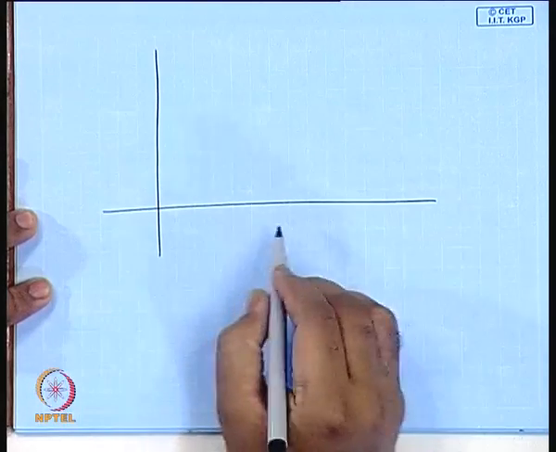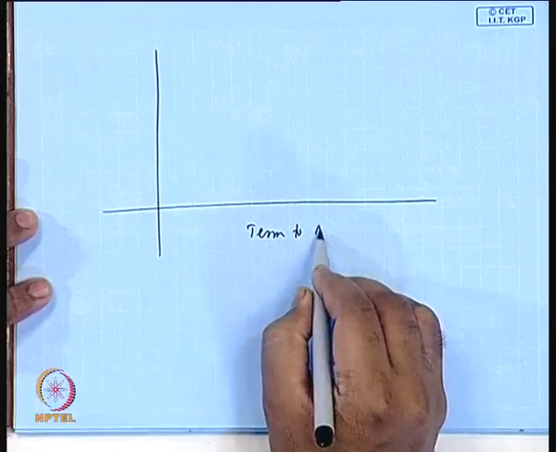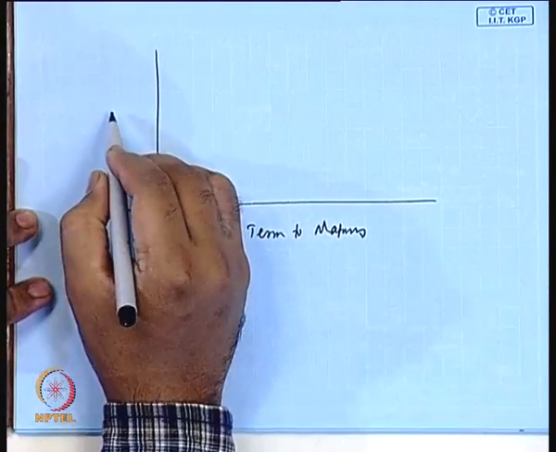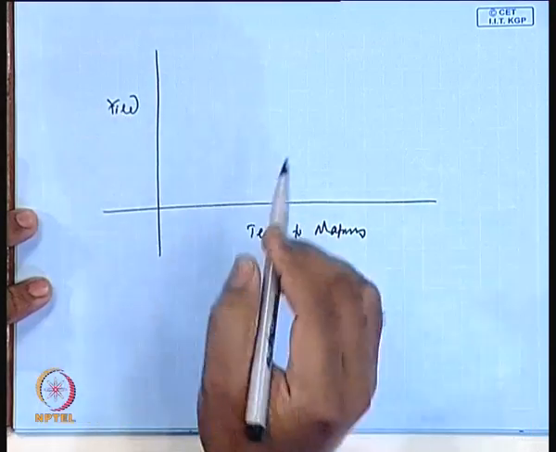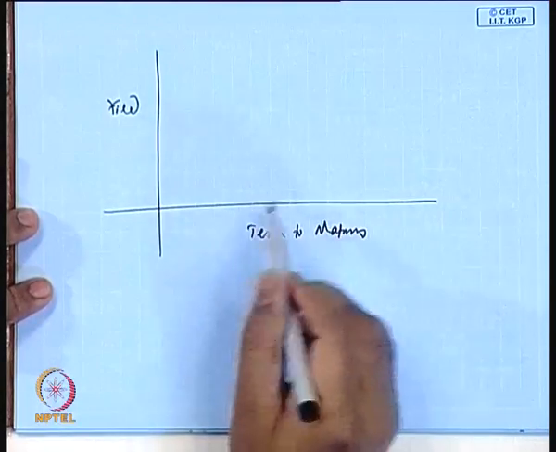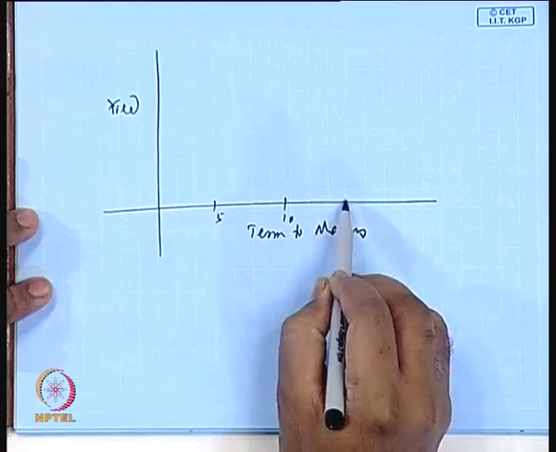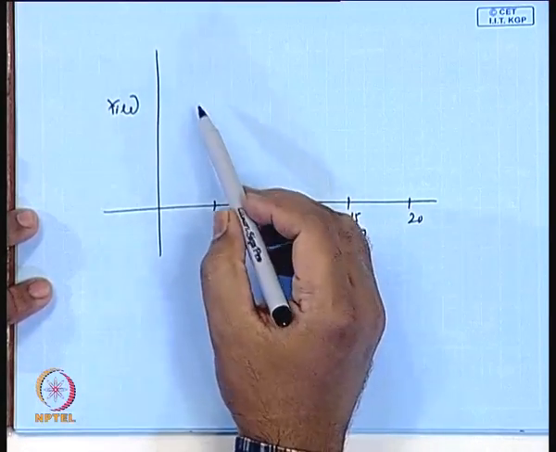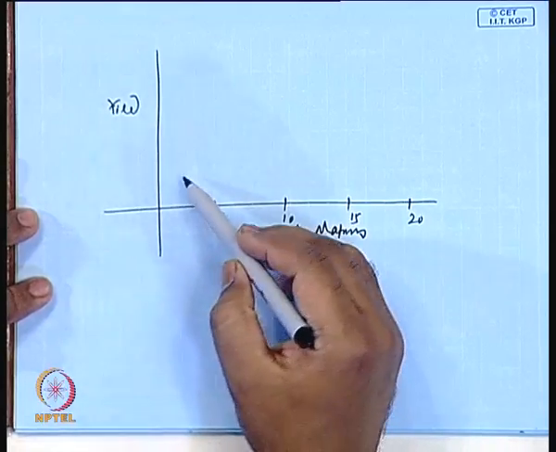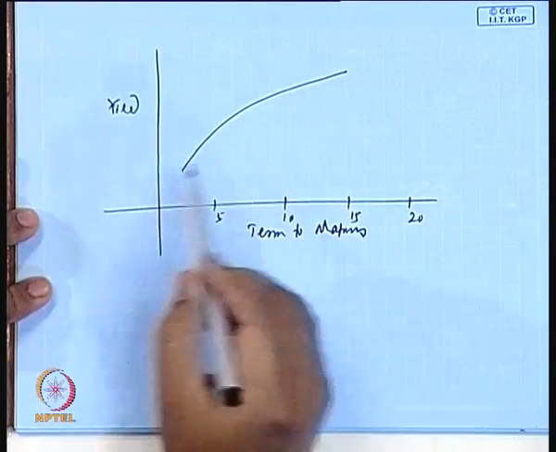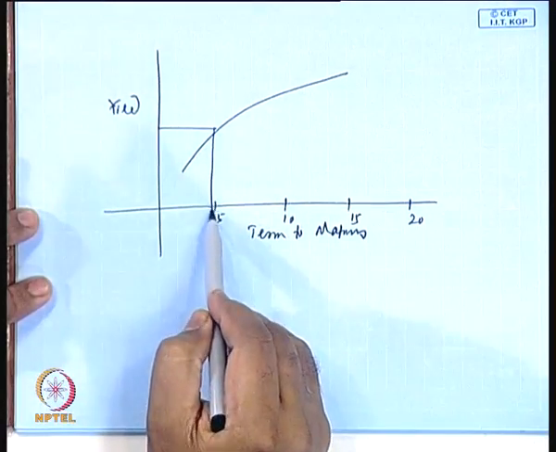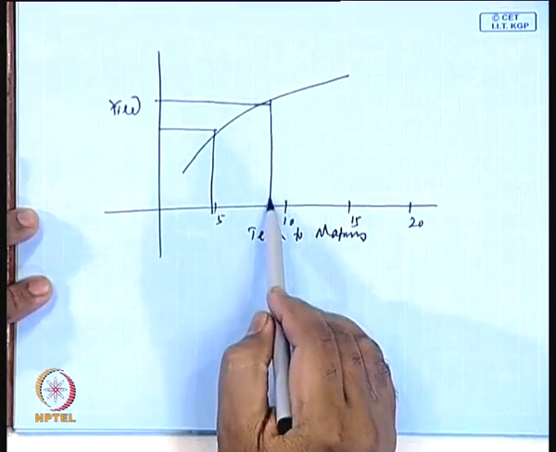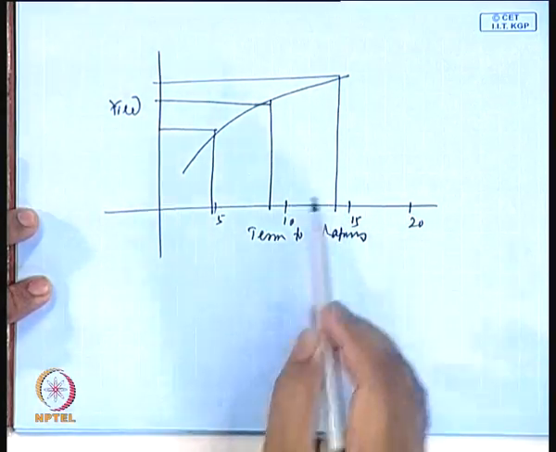It is basically nothing but whatever return or market interest you are getting from the bond. If this is your term to maturity and this is your yield, then if your term to maturity is more, say a 5 years bond, a 10 years bond, a 15 years bond, a 20 years bond, then your yield will also be more.